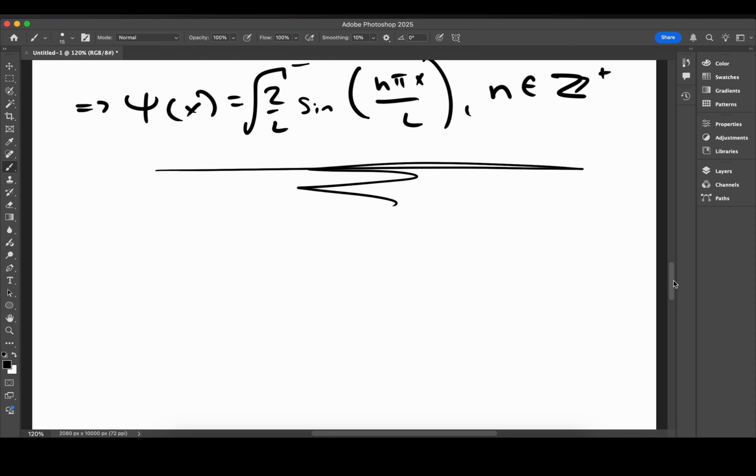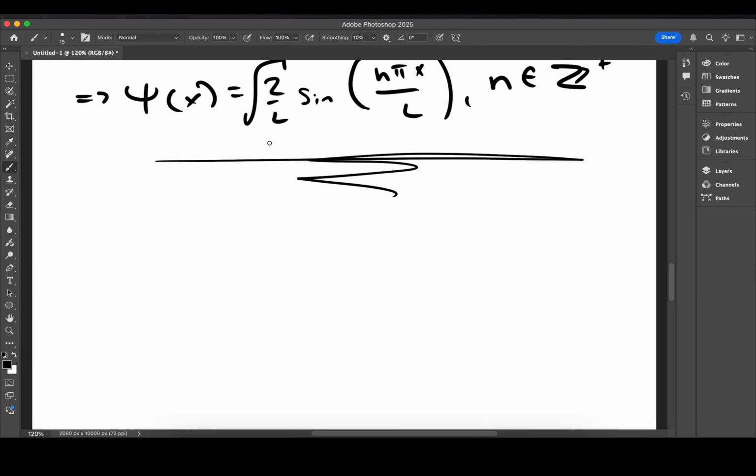We said we're also going to get the energy eigenvalues. And getting that is really simple. We already did most of the work. Now we just have to plug things in and solve and simplify. So our Schrodinger equation in one spatial dimension, time independent, is this.